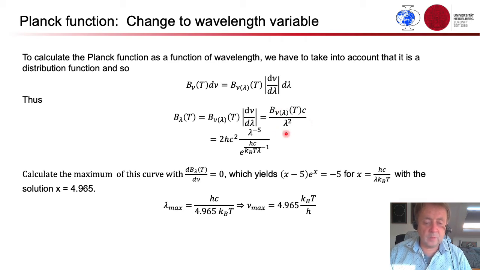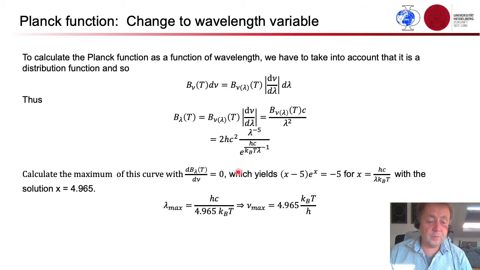And what it then gives is that the Planck function as a function of wavelength is 2 times h c squared lambda to the minus 5, and then in the exponent the expression that we already know, but in addition a lambda here in the exponent. So h c divided by Boltzmann constant times T times wavelength, and all that minus 1.